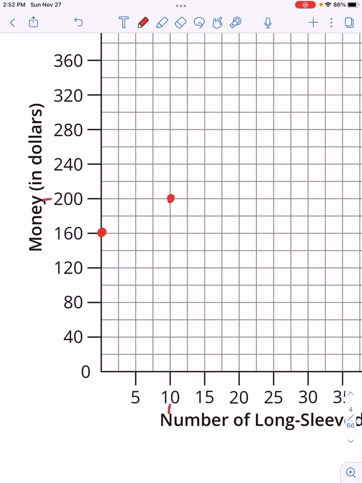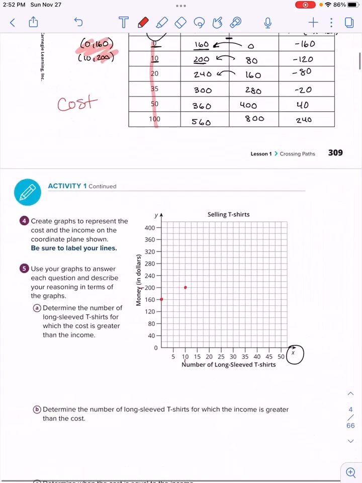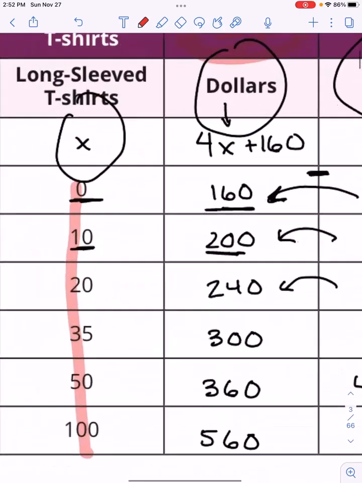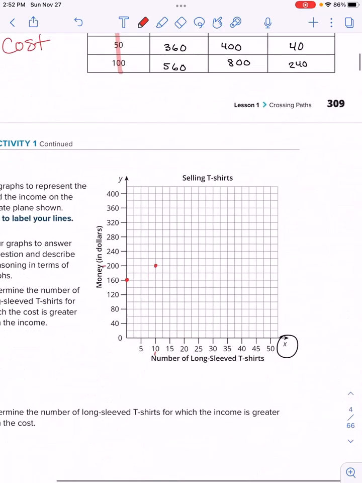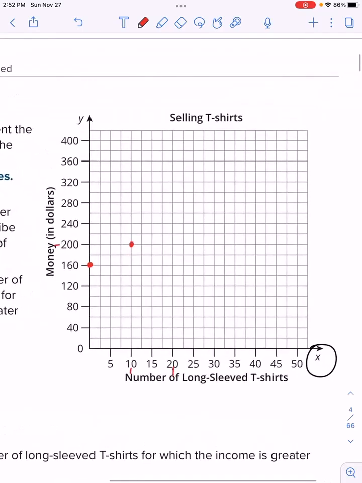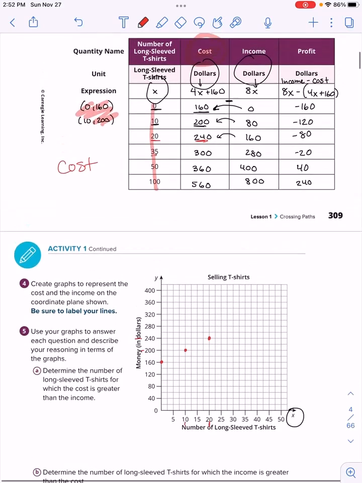And we'll get some type of linear graph here. Okay, next one is 20 and 240. So 20 right here, 240 right here. Okay, see where they join. We're still along this linear path, and we'll probably just do 2 more, or maybe just 1 more.